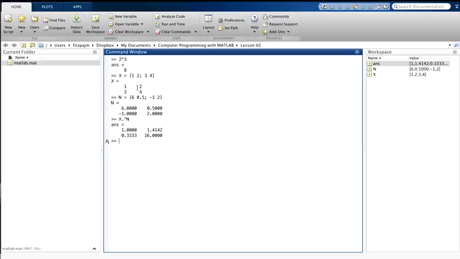So we have 2 raised to the 1/2 power. Well, that's the square root of 2. And down here we have 3 raised to the minus 1 power, well that's 1/3, and 4 raised to the 2 power, which is 16. So that's array exponentiation. There's no real surprises there.